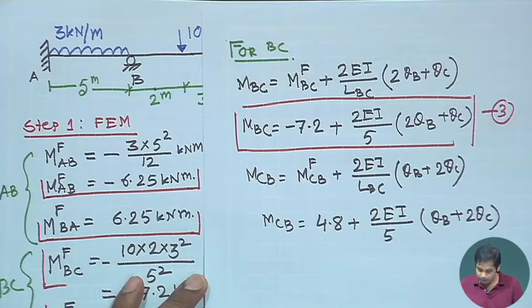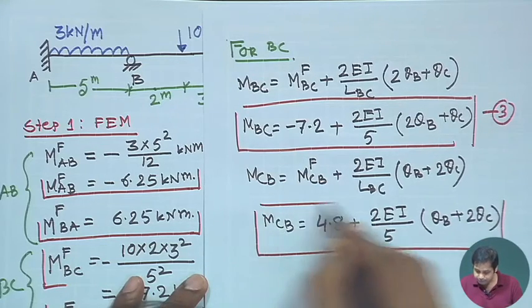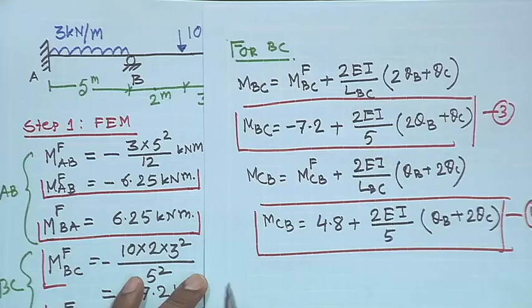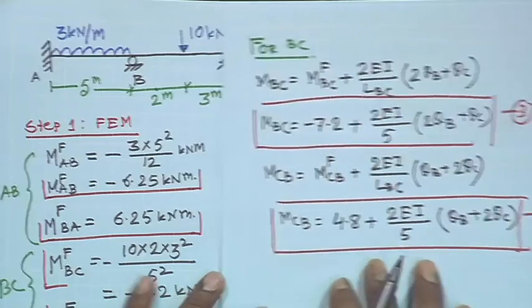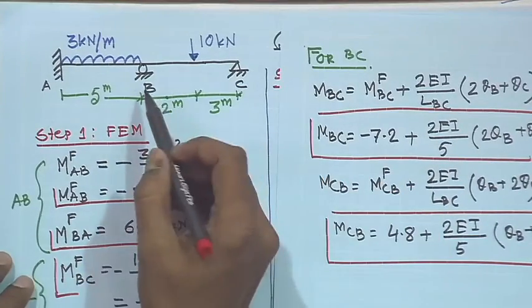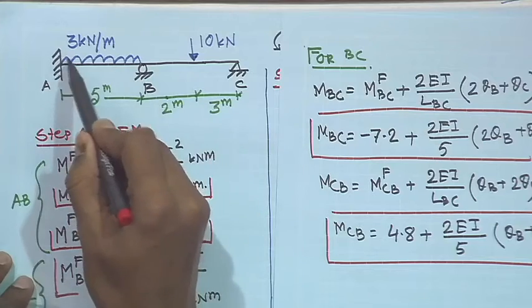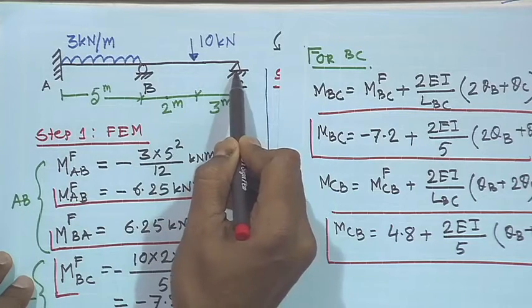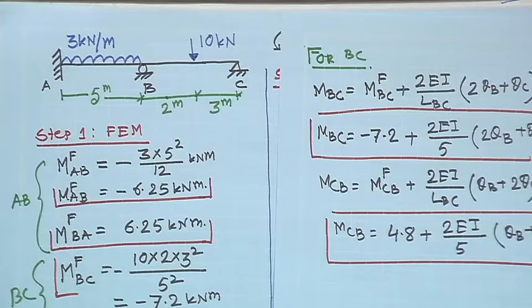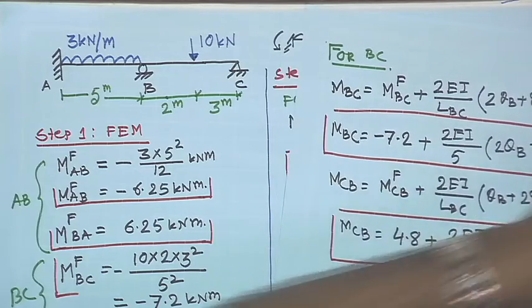So, this is equation 4. We have obtained MAB, MBA, MBC and MCB, so we have applied the slope deflection equation for all segments. Now, the next part is application of equilibrium equations.